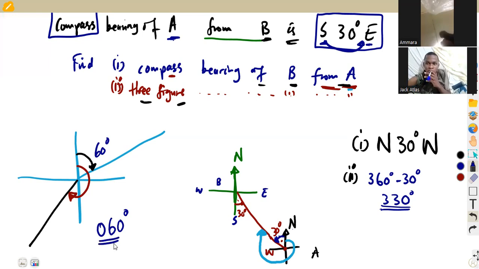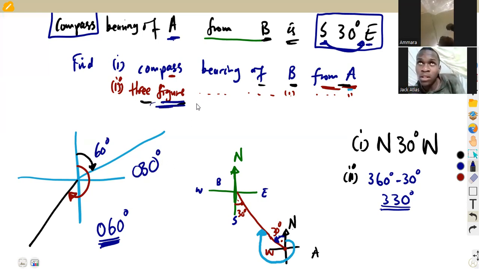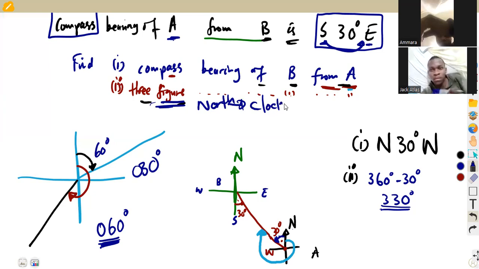If your answer is 60, you write 060. If your answer is 30, 030, you add a 0 so that you now have 3 digits. That's why we call it 3-figure. But the idea is always from the north in a clockwise direction.